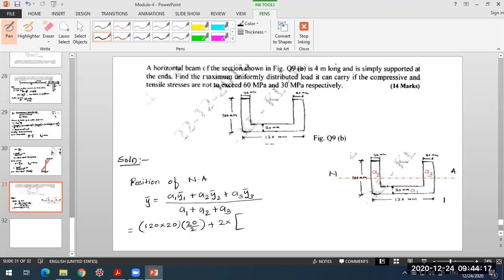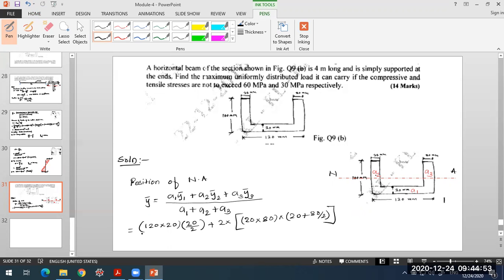Already we have taken this bottom 20 mm thickness over here, so I'll just multiply 2 into A2 and A3 are same, so this is 80, okay, width is 20 mm, so B into D, so 20 into 80 into, what about the centroid? It is somewhere here, 80 by 2 at a distance of 80 by 2 plus this 20 mm. So it will be 20 plus 80 by 2 over here.